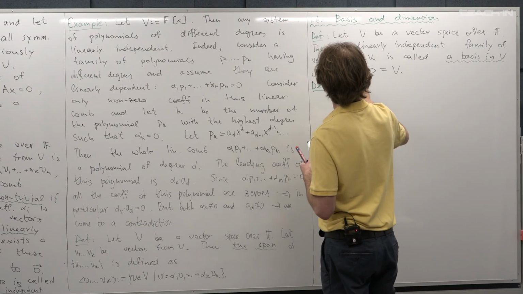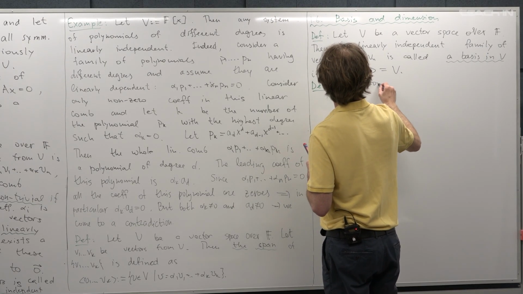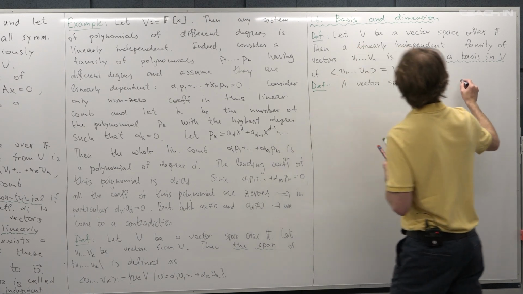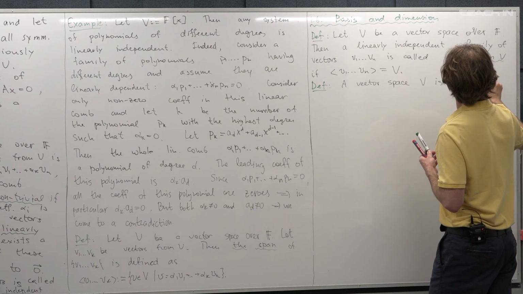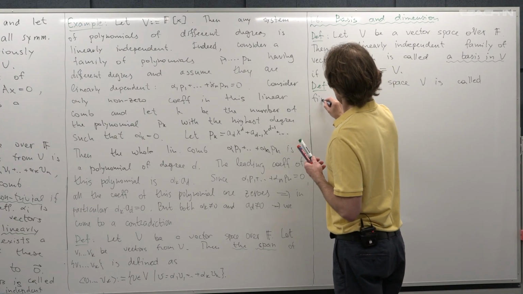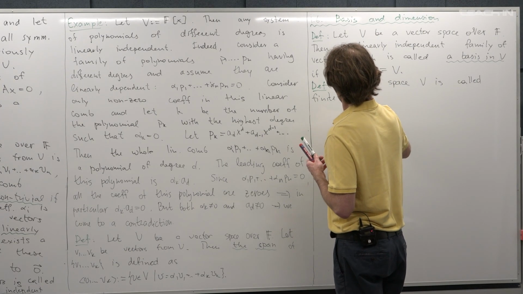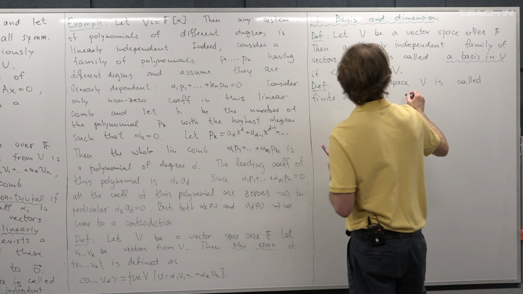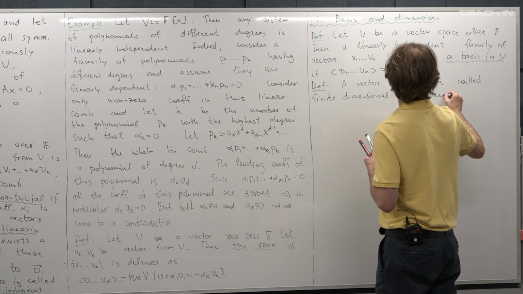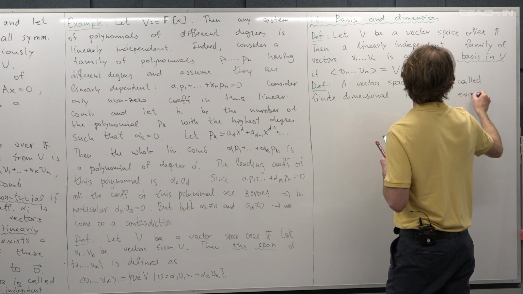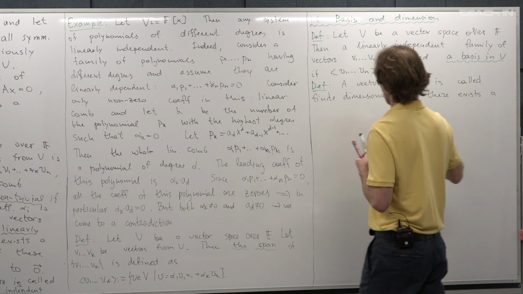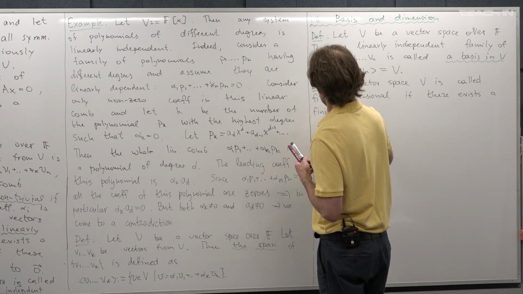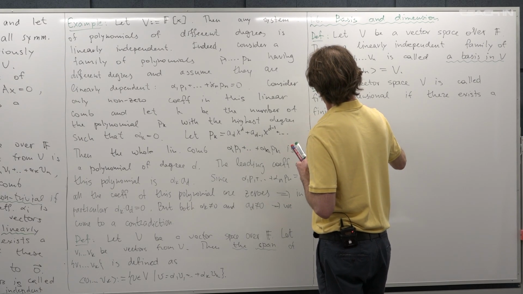And so another definition: a vector space V is called finite dimensional if there exists a finite basis.